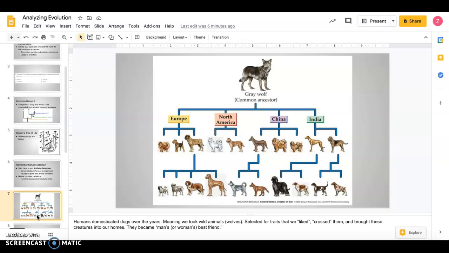They made them domesticated so we could bring them into the home. They started out as just wolves, and traits were selected for, and these animals were crossed, and eventually these wolves evolved. They were domesticated into dogs.